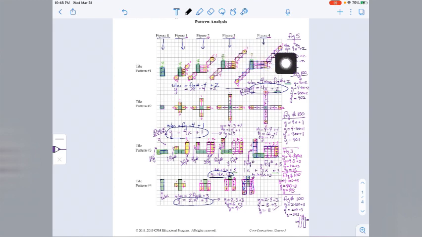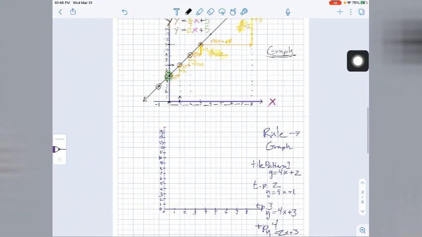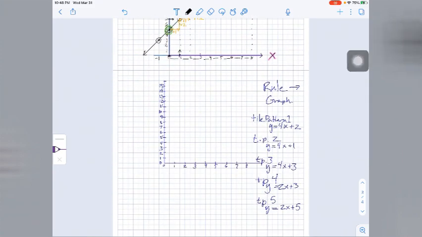And in figure 3, we noticed that it was growing by 4 each time. So in figure 0, there is 2, and then it's growing by 4 each time. So in figure 1, there's going to be 6. In figure 2, there's going to be 10. In figure 3, there's going to be 14.